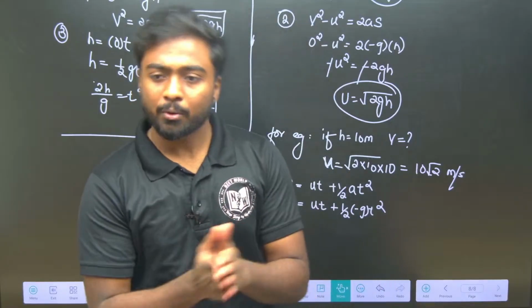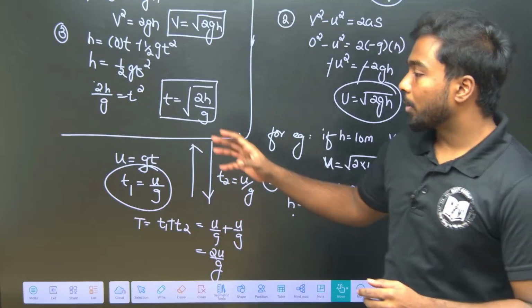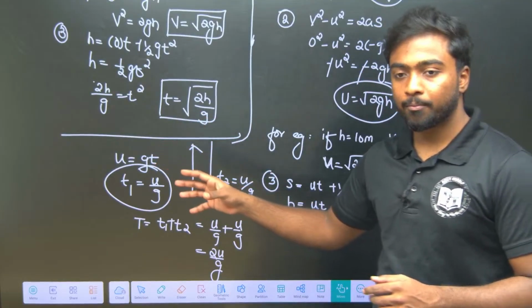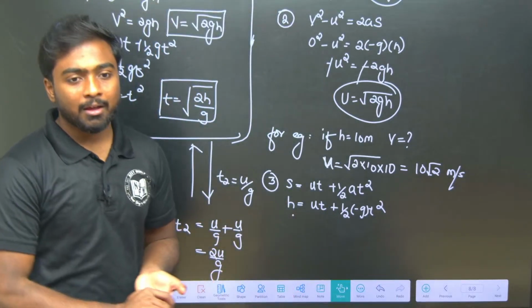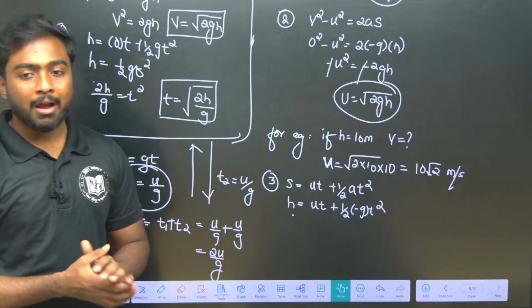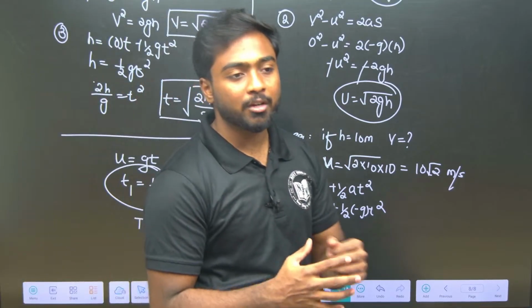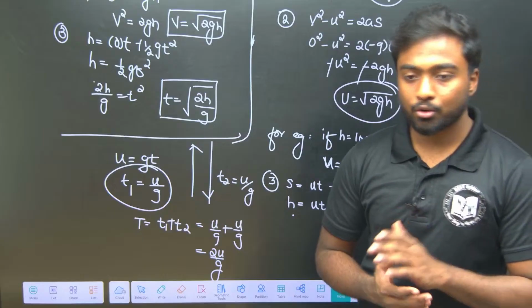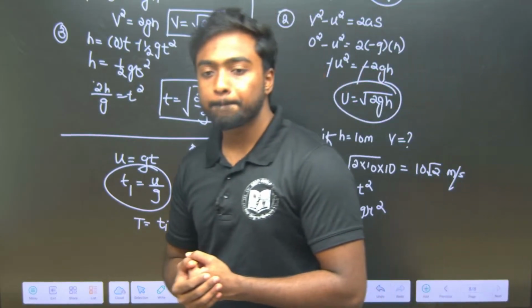One more topic is there, the graph. Once we see the graph, then we'll see the questions. With this we'll complete the motion in a straight line topic tomorrow, and the day after tomorrow we'll start with motion in a plane.